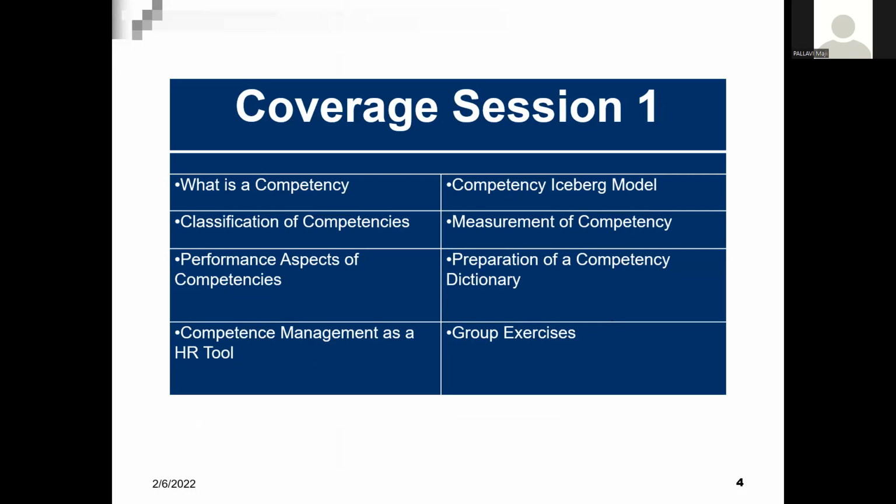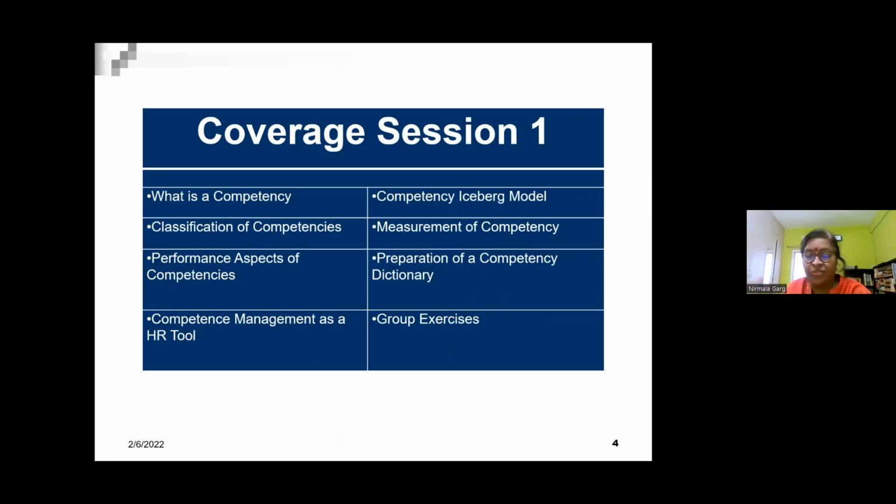So the entire thing is about competency, competency mapping, competency dictionary, etc. Okay. Now, in the first session, what we are going to essentially talk about is just to understand competency, and I'm sure all of you know what it is because you're already working with it.